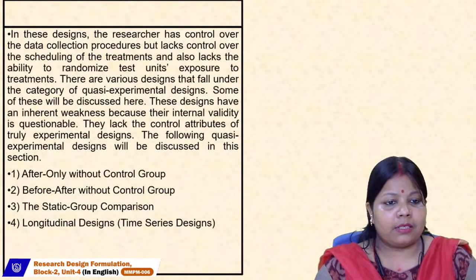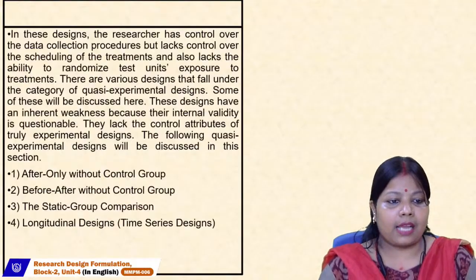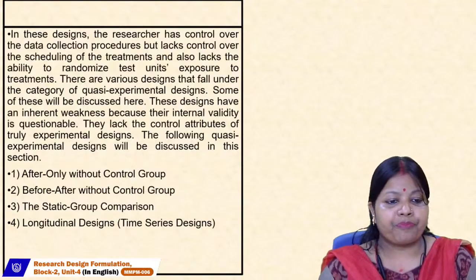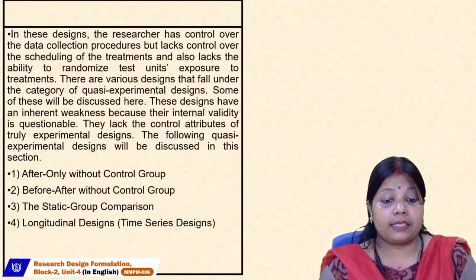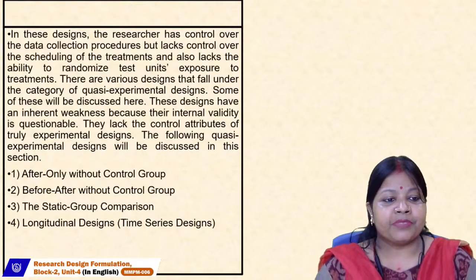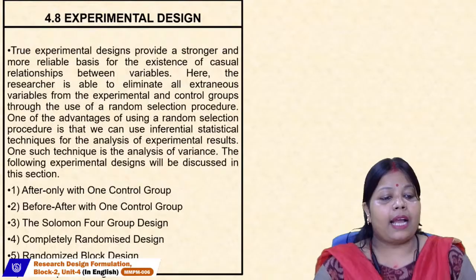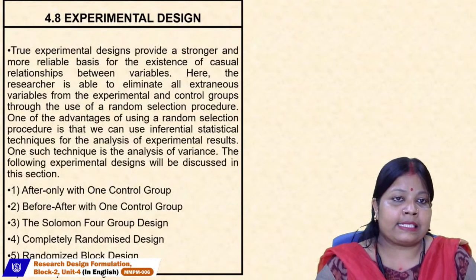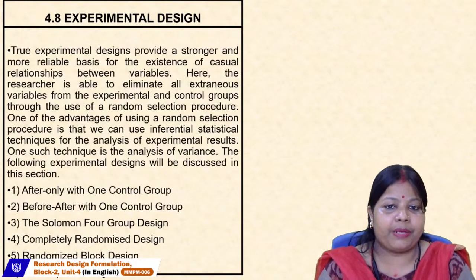The methods coming under the quasi experimental research design are after only without control group, before after without control group, static group comparisons, and longitudinal designs, which come under time series research designs. These are also repeated here in the experimental design, containing 6 different techniques to conduct the experimental design.